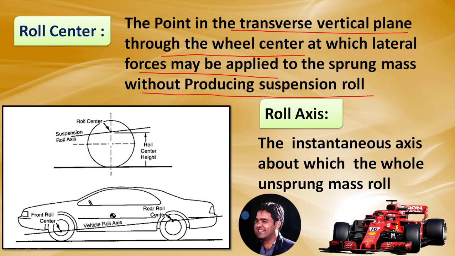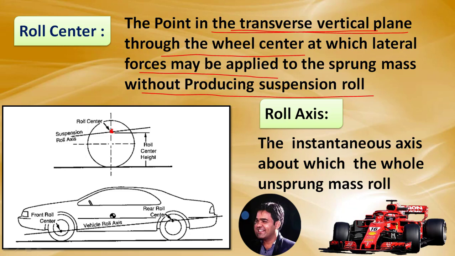That means in the whole vehicle we have four roll centers for four suspension systems. In this figure you can identify the roll center at this point, according to the definition I have just given.